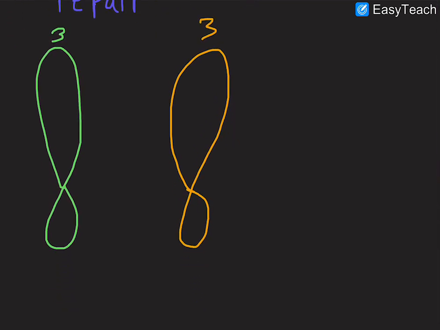So homologous chromosomes: let's say you have, for example, chromosome 3 from your mom and chromosome 3 from your dad. They both have the same genes.